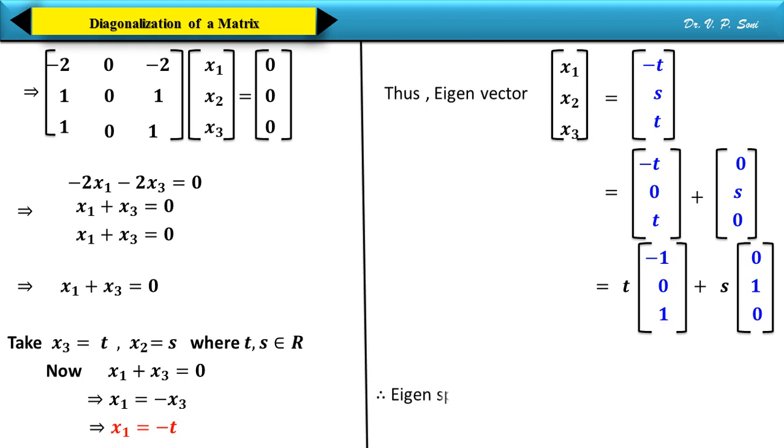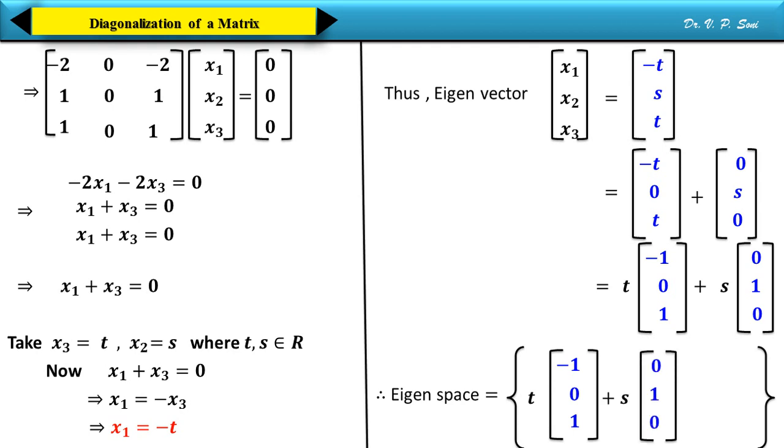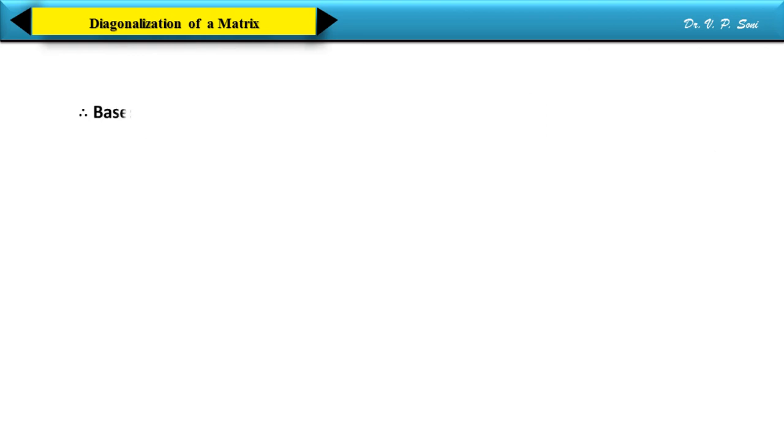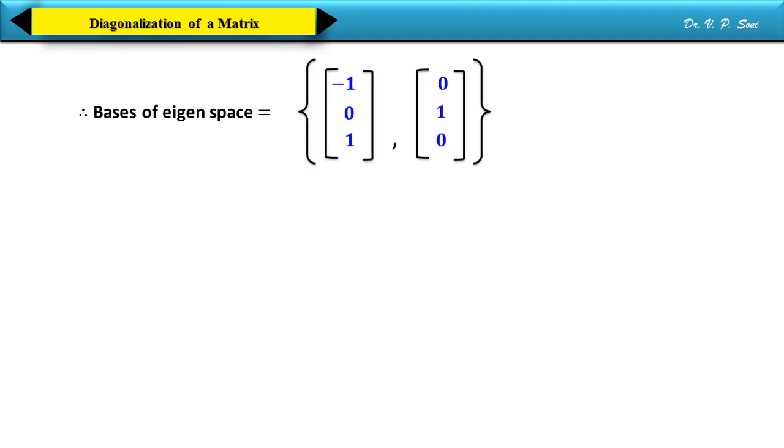Therefore eigenspace is a set of t into vector minus 1 0 1 plus s into vector 0 1 0, where t and s belong to R. Therefore basis of eigenspace containing only two vectors minus 1 0 1 and 0 1 0.